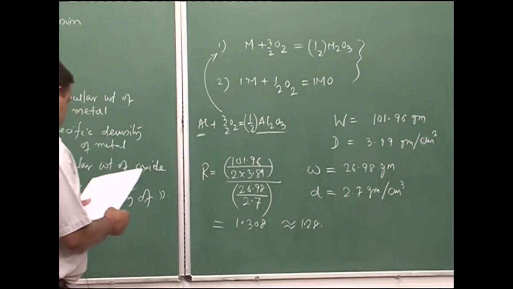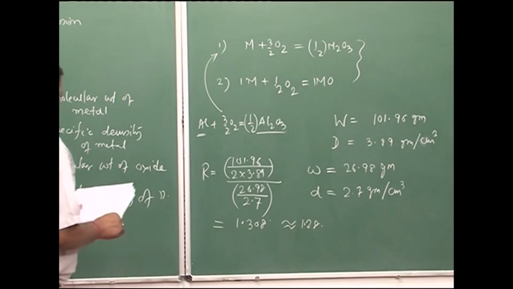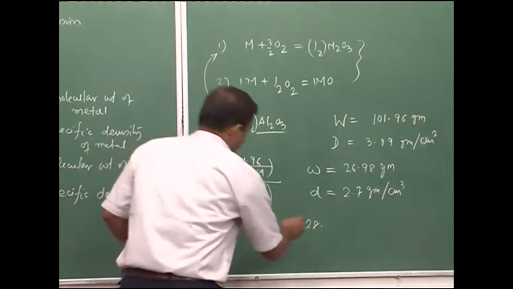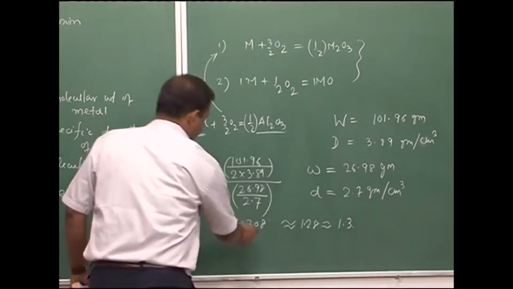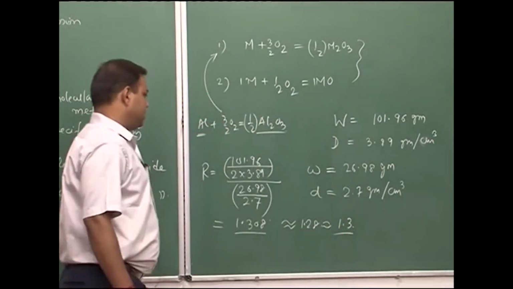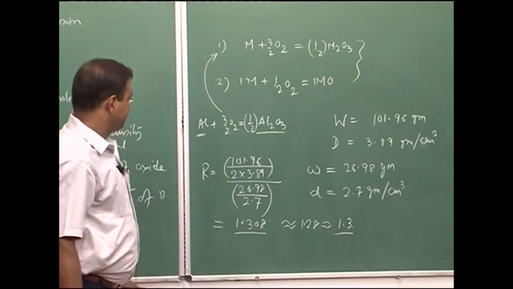So, it is almost close to that, and we can make it 1.3. So, the reported value as well as the calculated value are coming the same.